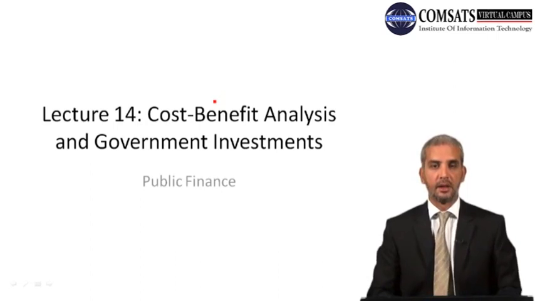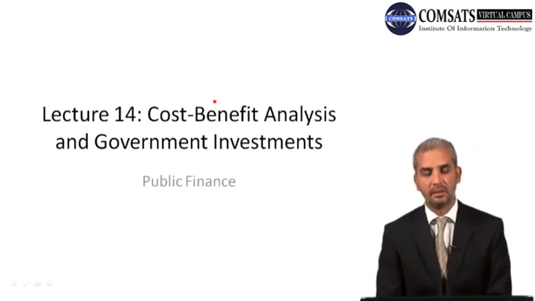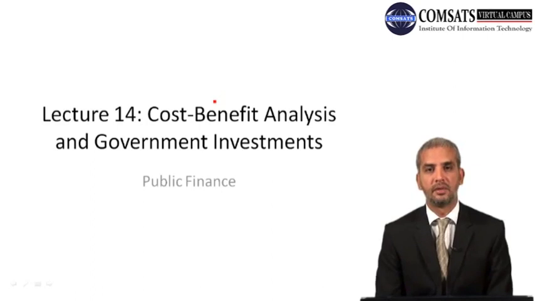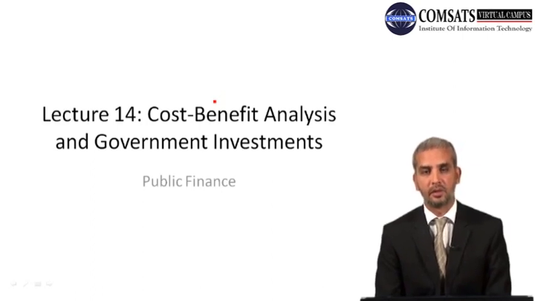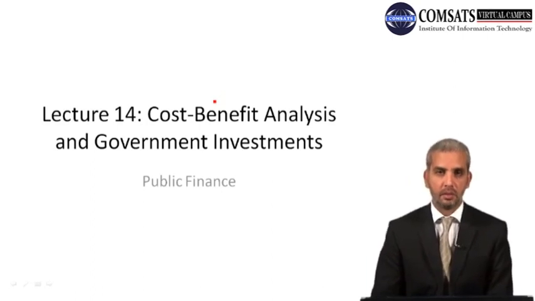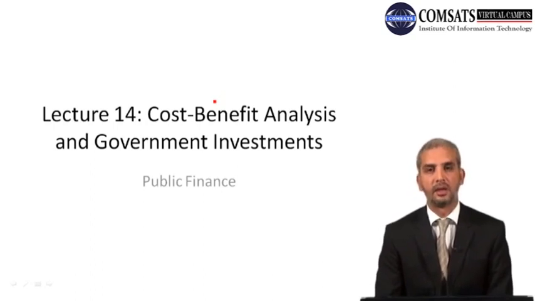Now, in the last lecture, in fact, in lecture 13, we started the cost-benefit analysis, in which all the costs, like direct costs and indirect costs, as well as all the benefits, direct and indirect benefits of a project, are listed and evaluated. Based on that, we started with the three steps involved in cost-benefit analysis.